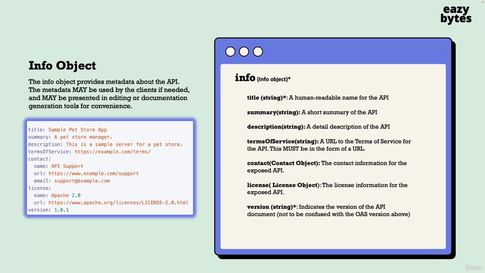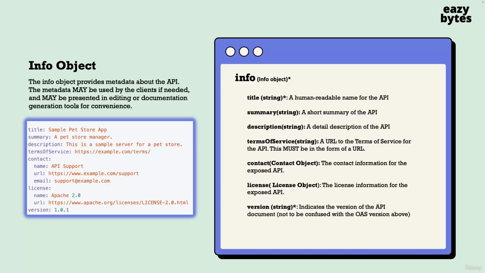So using this version, I can represent which version of my APIs this document is representing. That's why this version field is mandatory, because if your organization supports multiple versions of an API, mentioning that in this field is very important. Without it, there is a good chance your consumers may get confused and end up consuming the wrong version of the APIs.